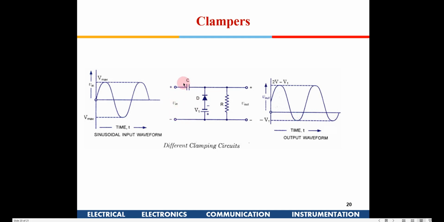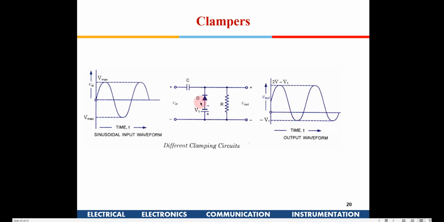So Vmax and V1 will get added. It will be positive here and negative here, right? That is the reason this waveform gets shifted towards the top.